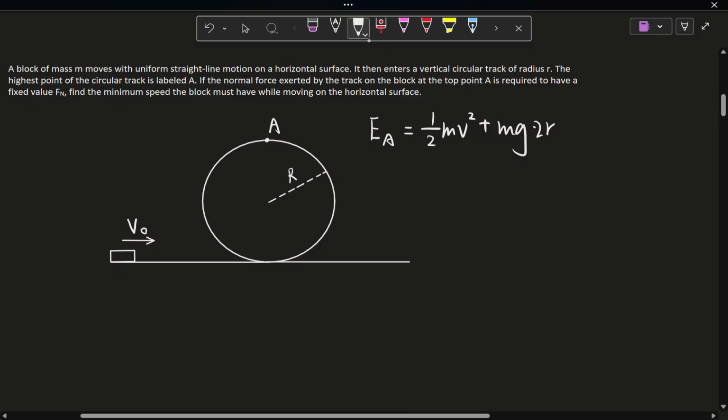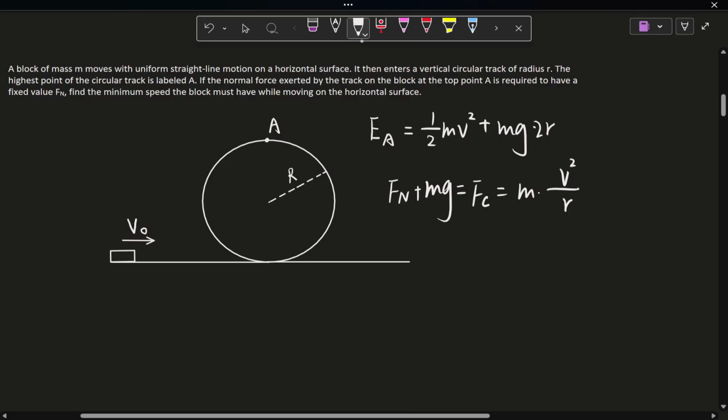How do we solve for v? It's time to use the formulas we learned from the previous part, circular motion. At the very top of the circular track, the object has two forces: the normal force and the gravitational force. We know both of these values, so we can write Fn plus mg is equal to, since both of these forces point towards the center of the circle, Fc, which is m times v squared over r.